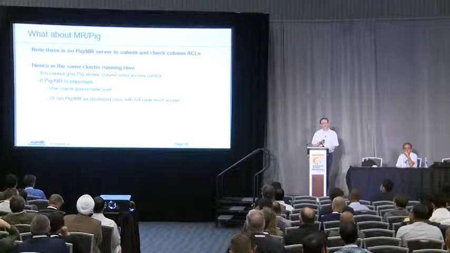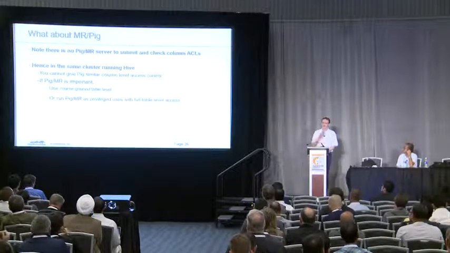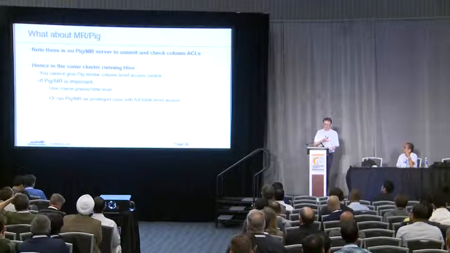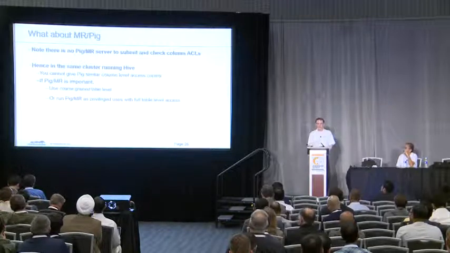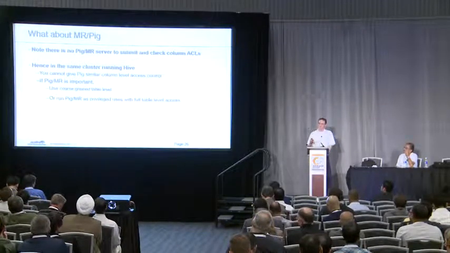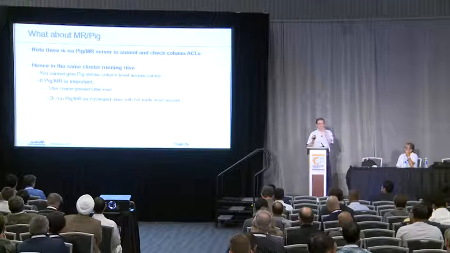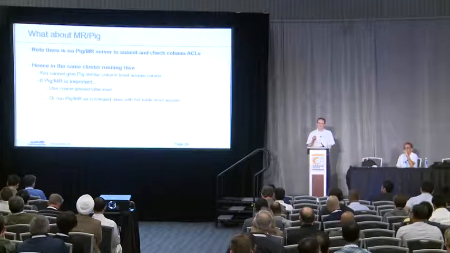And this is because HDFS itself, MapReduce itself, have no notion of the column definitions, which Hive Server 2 can enforce. Part of this as well is that in the case of PIG, in the case of MapReduce, there is no central point where it is convenient to enforce these authorization rules.